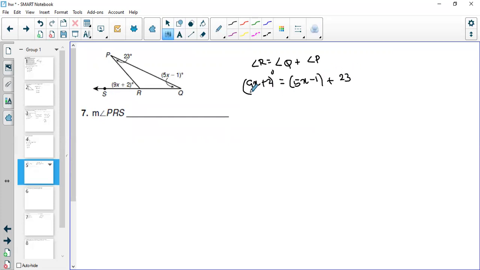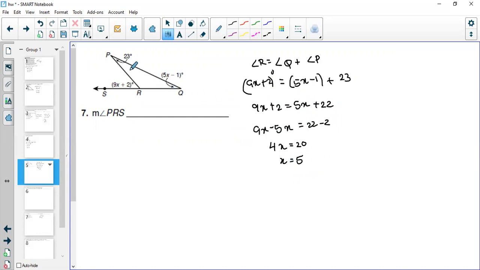So this is going to be 9x plus 2 is equal to 5x plus 23 minus 1, which is going to give us 22. So 9x minus 5x is going to be equal to 22 minus 2. 4x is going to be equal to 20. X is going to be equal to 5. So the value of x is 5.